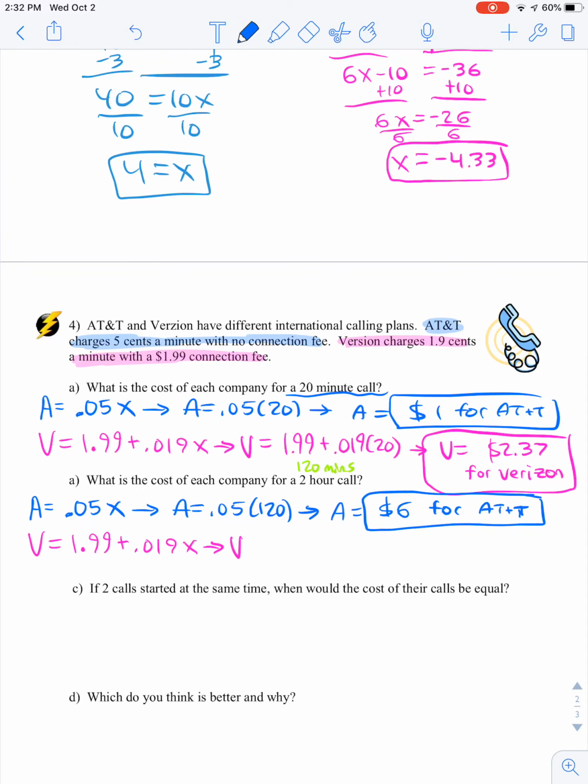And then for Verizon, we have $1.99 plus 0.019 times 120. That gives us V equals $4.27 for Verizon.